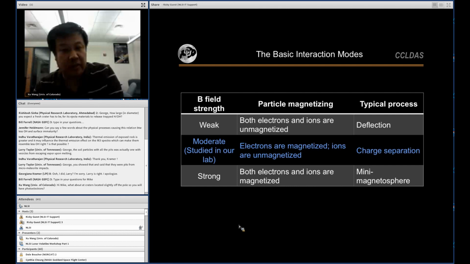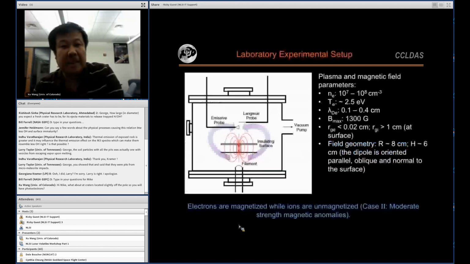What we studied in our laboratory is the moderate strength of the B field, where the electrons are magnetized but the ions are unmagnetized. So a large charge separation can happen and create complex electric fields.